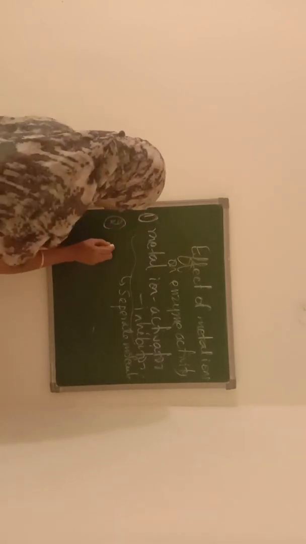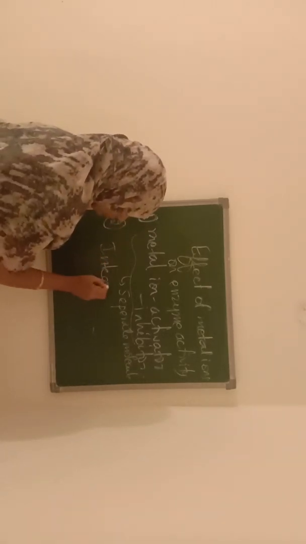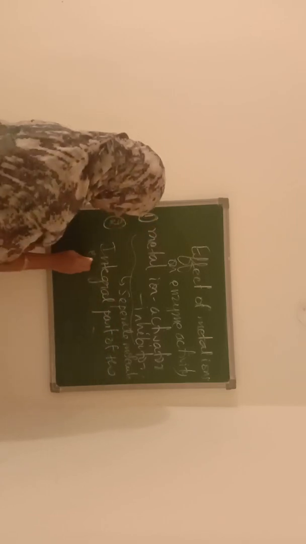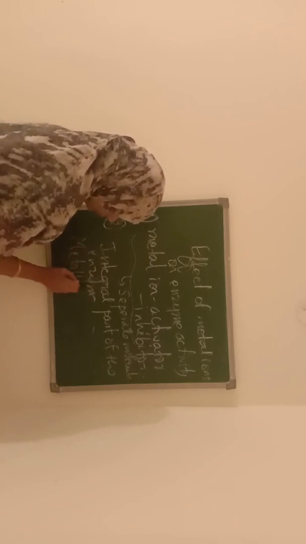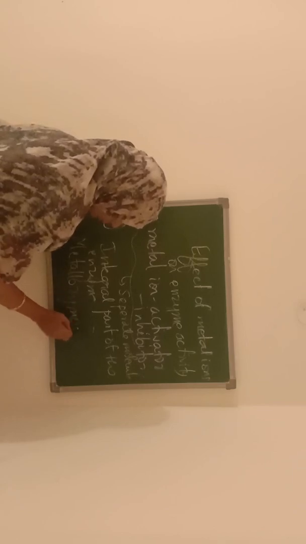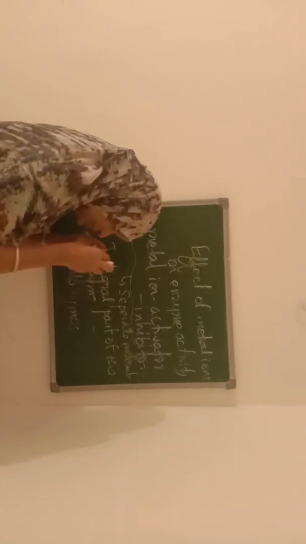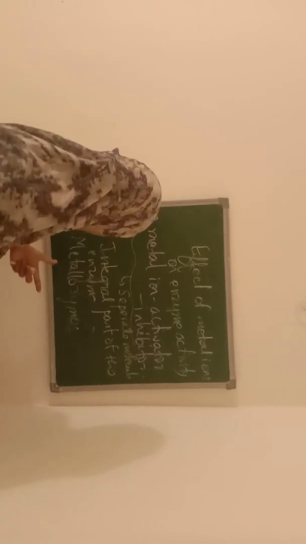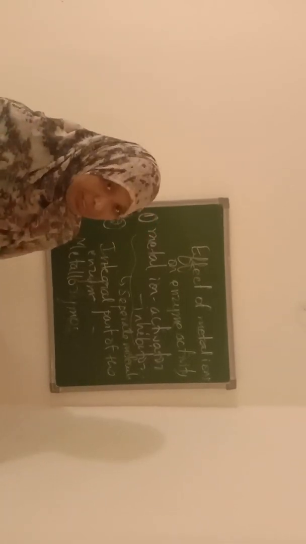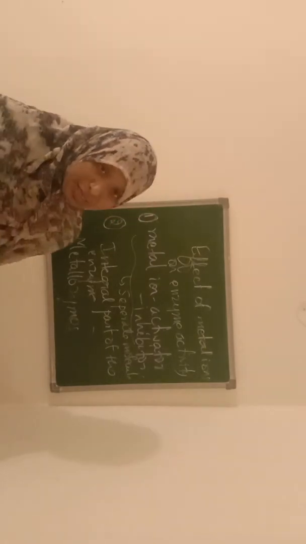But in some cases, the metal ions are an integral part of the enzyme, like in metalloenzymes. These metal ions are present within the enzyme itself, and you can't remove that metal ion from the enzyme. If you remove it, the enzyme is no more active.